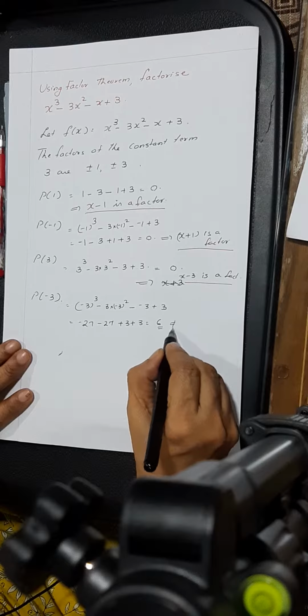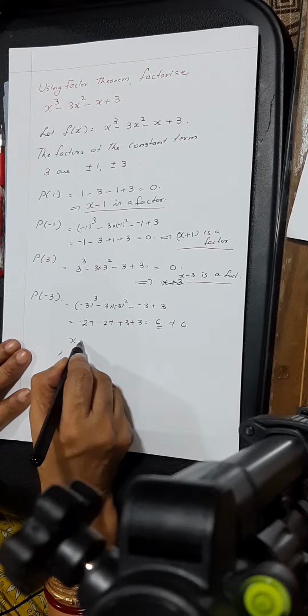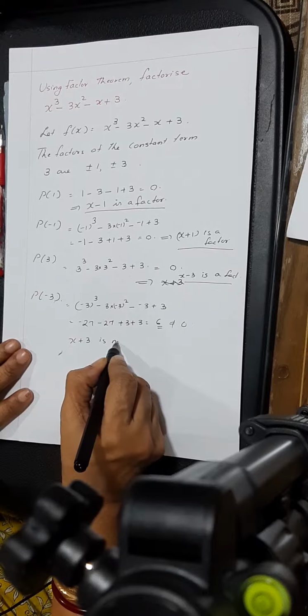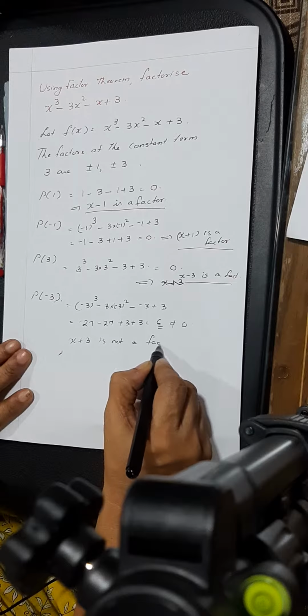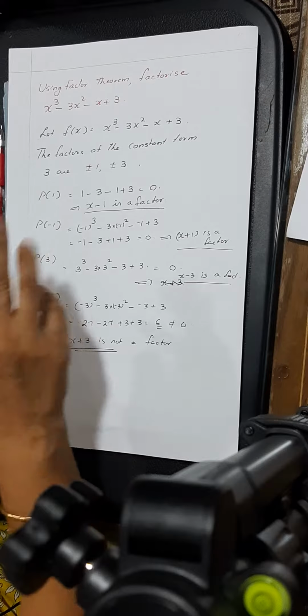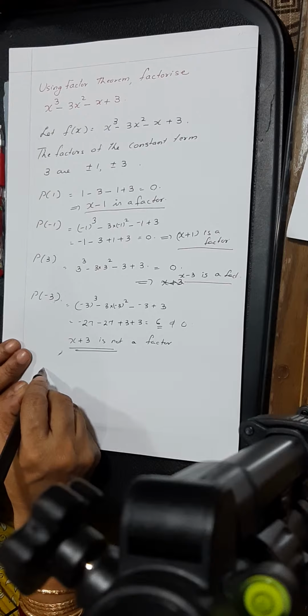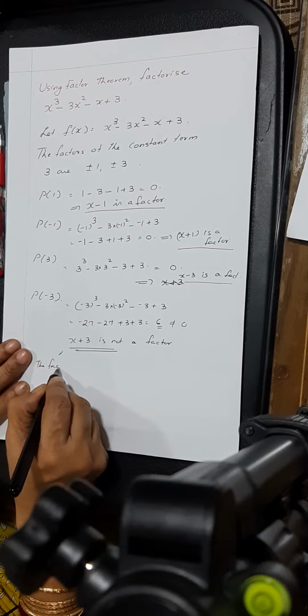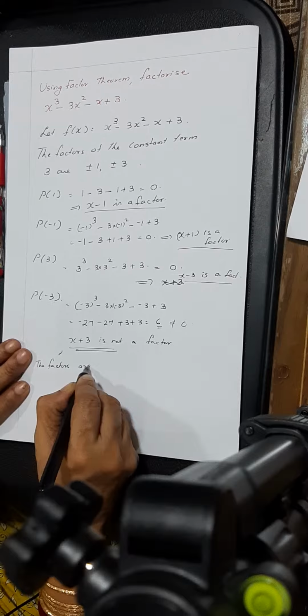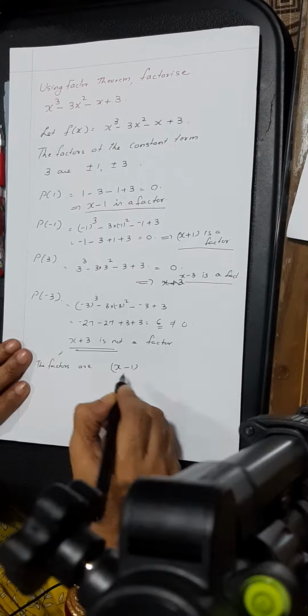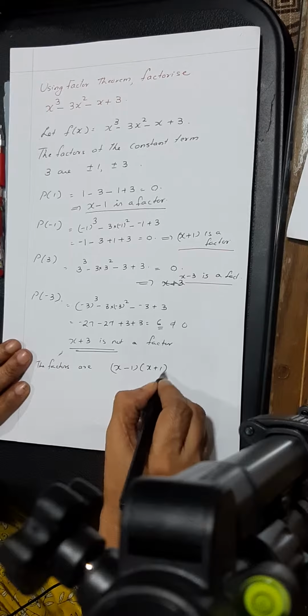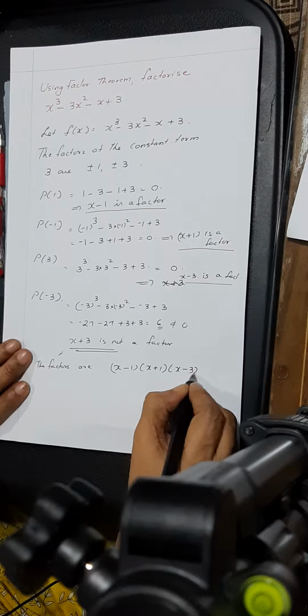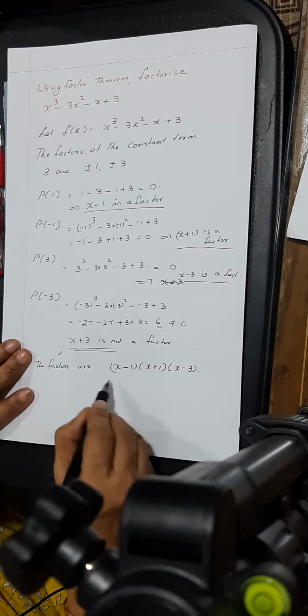So it is not equal to 0. So x plus 3 is not a factor. So the factors are x minus 1, x plus 1 and x minus 3.